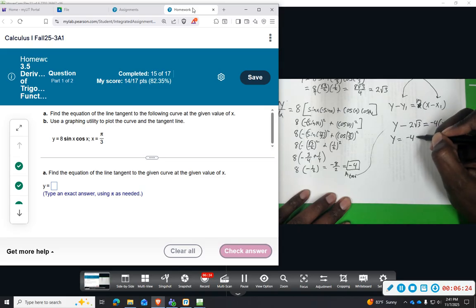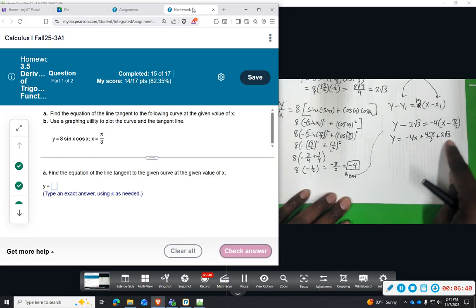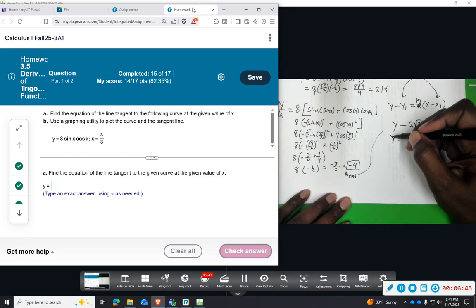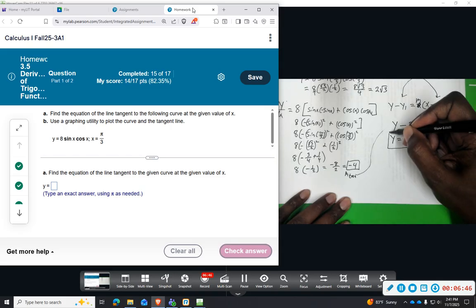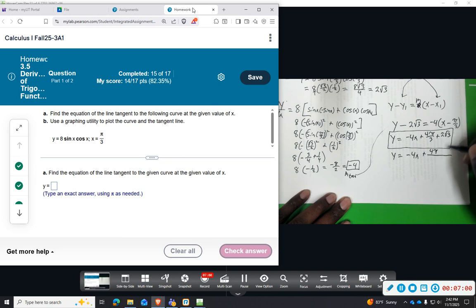So we'll get y equals a negative 4x. Negative times a negative is going to be a positive, so I'll just say 4 pi over 3, and then we'll have additional plus 2 square roots of 3. I can probably try to combine those by doing a common denominator. You can leave it like this for now, but if you want to make a common denominator, negative 4x, top and bottom by 3, so we'll get plus 4 pi, 2 times 3 is 6, so plus 6 square roots of 3 all over 3.